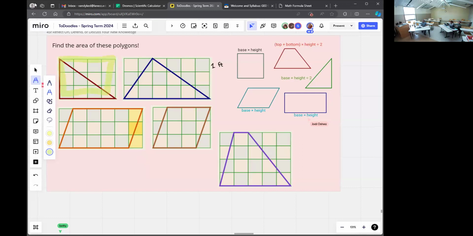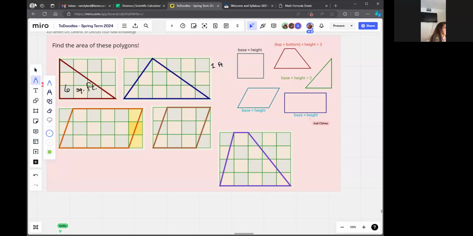Maybe you just counted them, or maybe you didn't count them, but instead you said that 3 times 4 is 12. Either way works. And then you say that the triangle is half of that. So half of 12 is 6. So this is 6 square feet. Everyone happy with that?